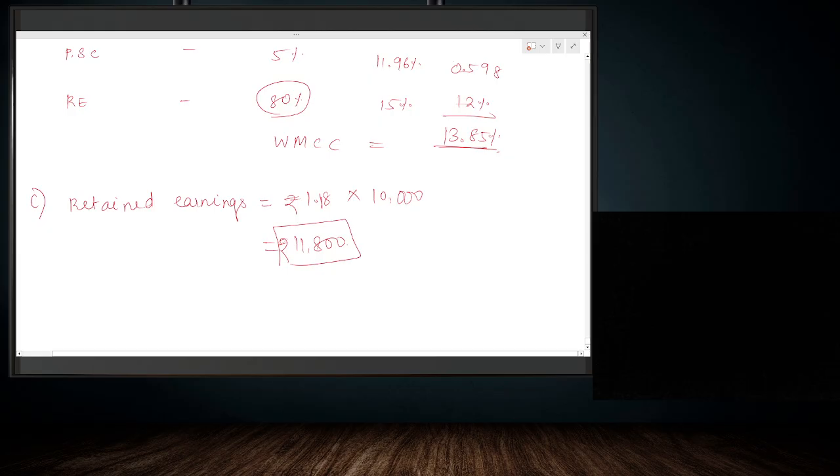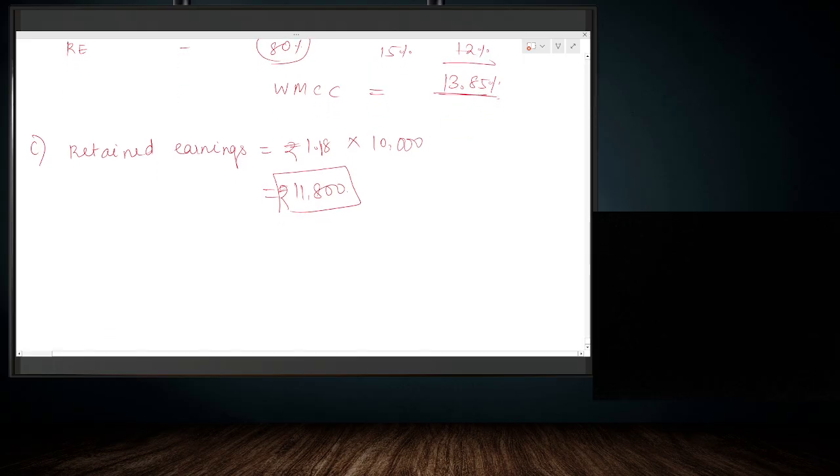So far the company has used 80% of shareholders fund, which means the company exhausted this retained earnings for raising additional capital. They are asking what is the amount of capital that can be raised without issuing additional share capital, right? So we have to calculate the breaking point, for which the formula will be the range where KE changes divided by the weight of equity.